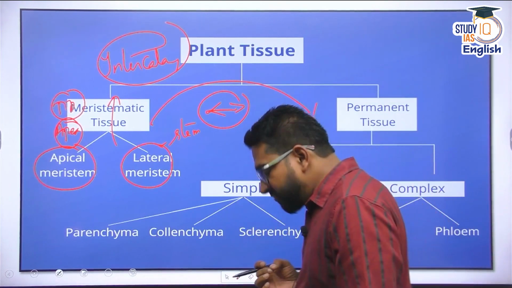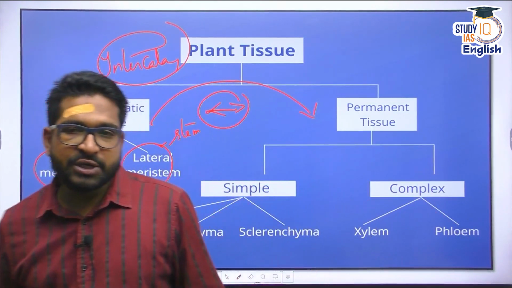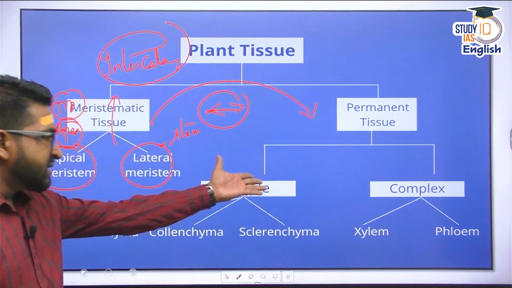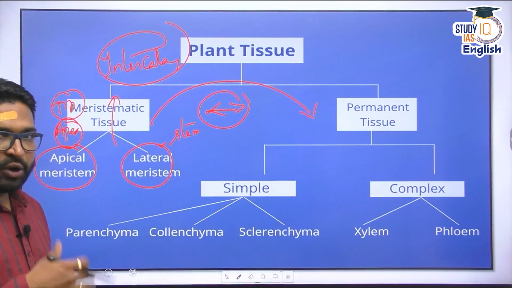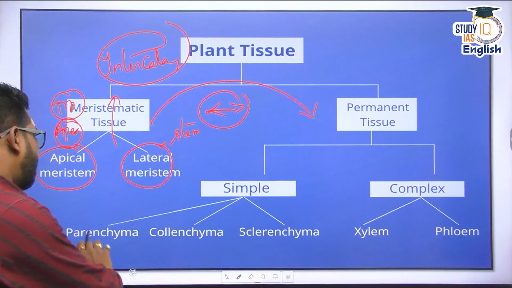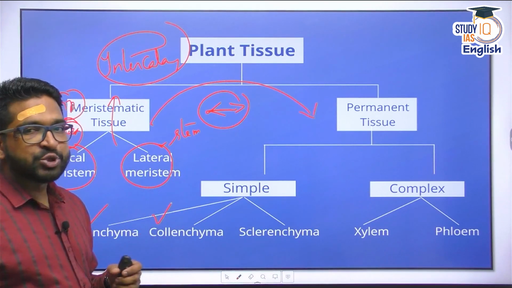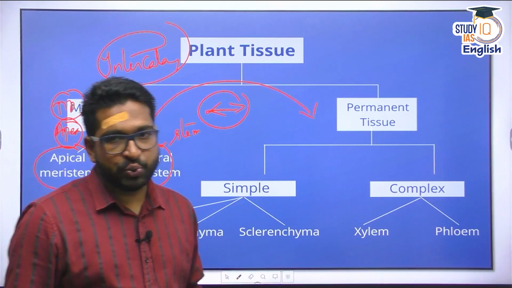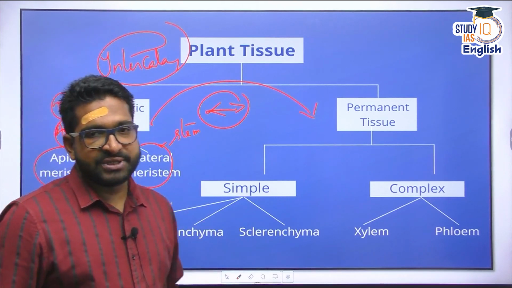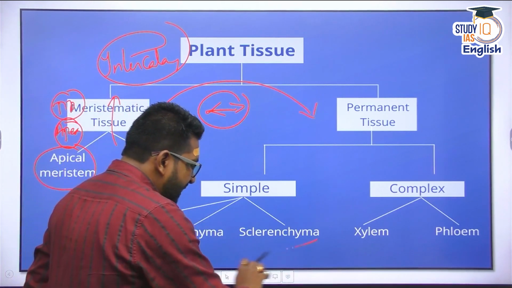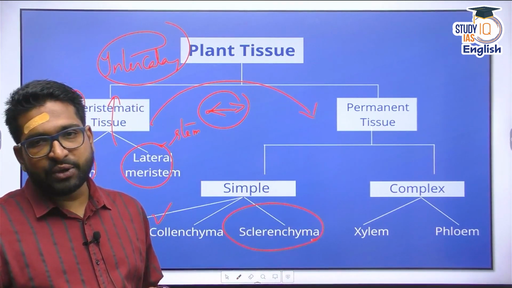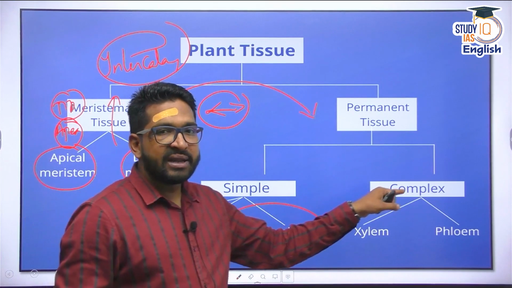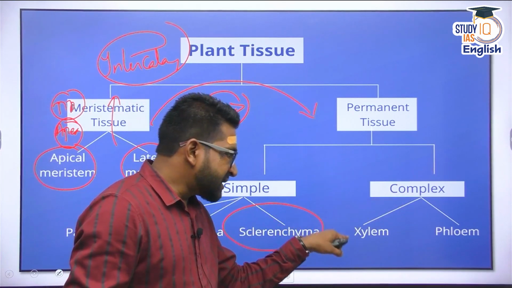On the other side, you have permanent tissues. Permanent tissues are further divided into simple ones and complex ones. Simple ones: parenchyma, collenchyma and sclerenchyma. Parenchyma and collenchyma both are composed of living cells. Both help in photosynthesis. Sclerenchyma is mostly composed of dead cells. They provide stability or structure to the plant. Apart from that, there are complex permanent tissues, xylem and phloem.